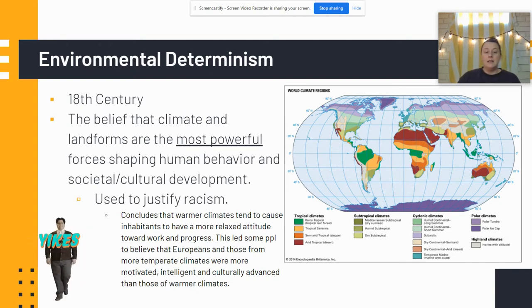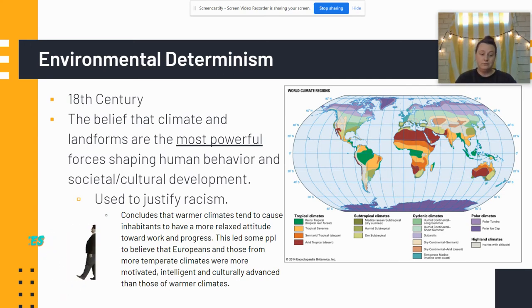It's the idea that climate and landforms, we've talked about elevation, precipitation, all of these physical features of the environment, are the most powerful forces that shape human behavior and ultimately lead to societal or cultural development. So basically, the natural environment is the only thing that matters.